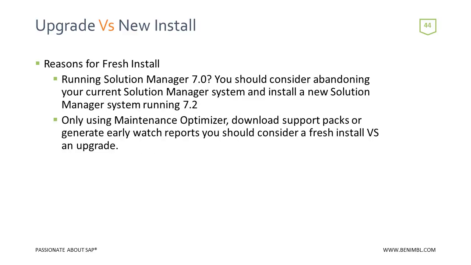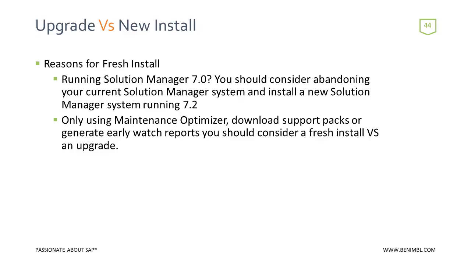Reasons for a fresh install would be: are you running Solution Manager 7.0? In that case, the best option really is to abandon 7.0 and just do a fresh install of Solution Manager 7.2. Or are you only using Maintenance Optimizer, downloading support packs, or generating EarlyWatch reports?